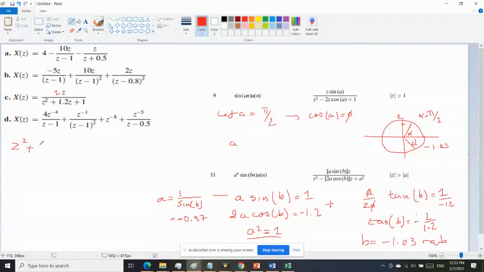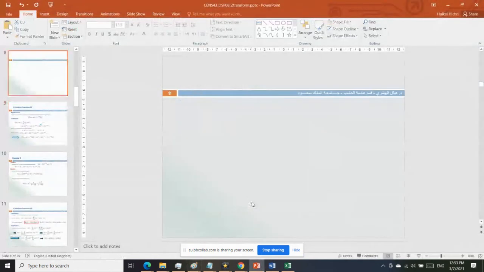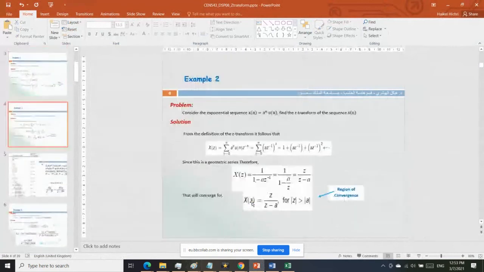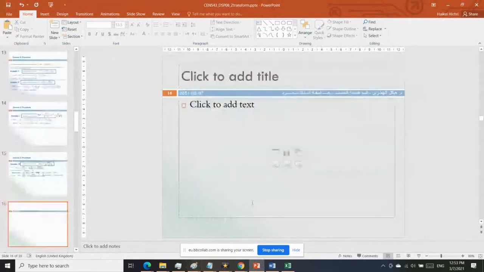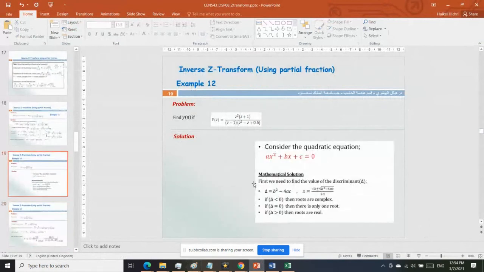How do we make it two things multiplied together? The delta equals B squared minus 4AC, as far as I remember. And then minus B plus or minus.